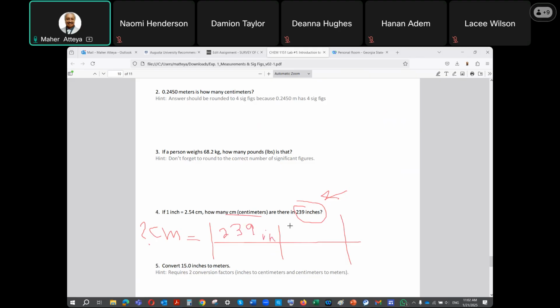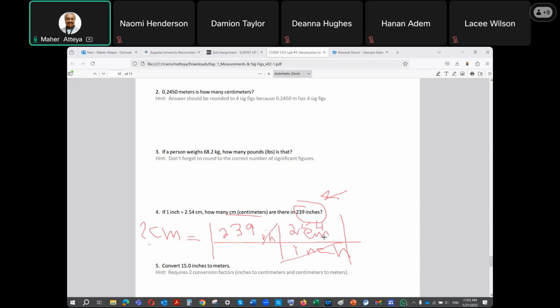Then I have 1 inch at the bottom, and 2.54 centimeters on top, correct? Okay. The inches cancel out.